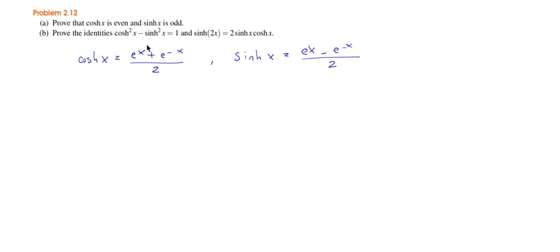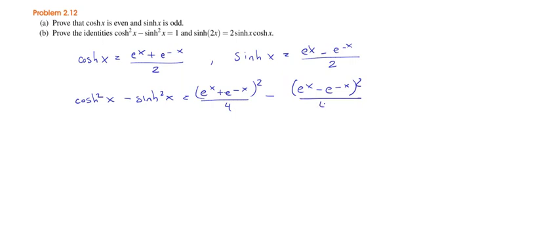Now to prove these identities, okay, so let's see, the cosine squared minus sine squared is equal, and I'm going to just apply the definition again. Over 4, and then expand the binomial.